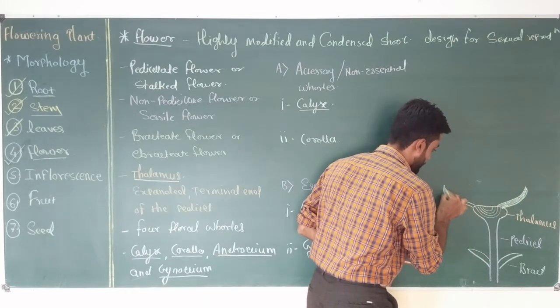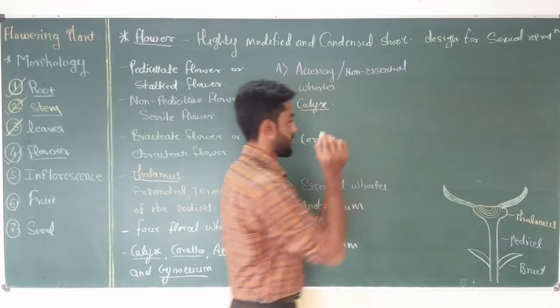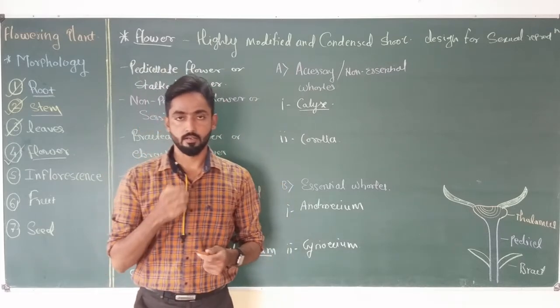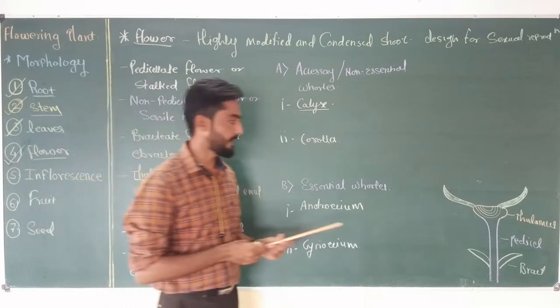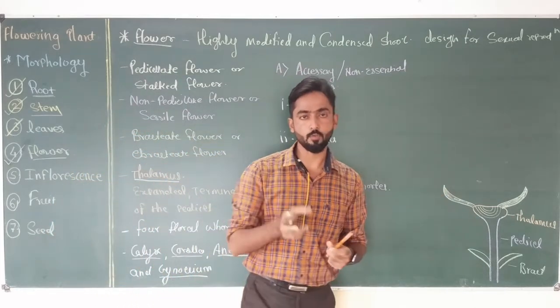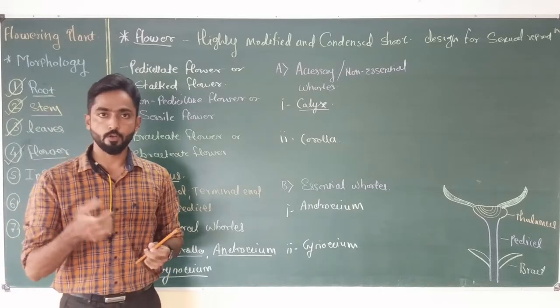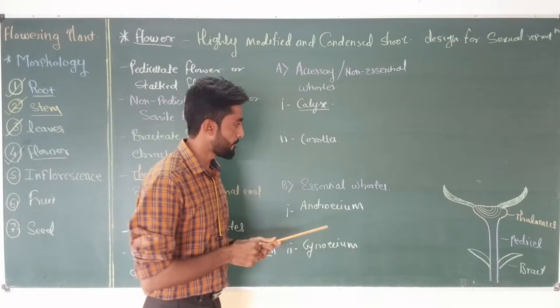The main function of the calyx is protection of the inner structures of the flower in bud condition. As it is green in color, it contains chlorophyll pigment, so it can also perform photosynthesis and produce organic food for the growth and development of the plant.